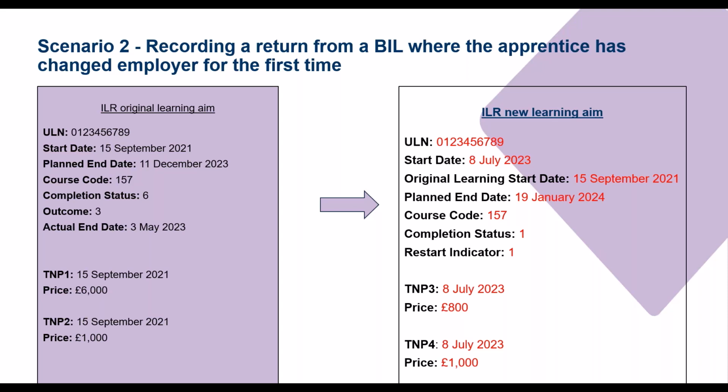It's worth adding that if the ILR is submitted before that new employer's record is in place, then the new learning aim would actually match to the first employer's record, and the TNP3 and TNP4 costs don't match that first employer's record, and that would cause an unnecessary DLOC 7. So it's worth saying there to always ensure that the new employer's record is in place on the service before recording that change of employer in the ILR.